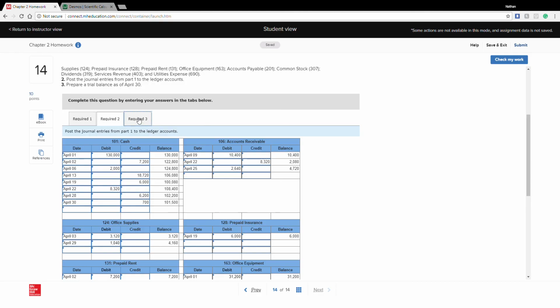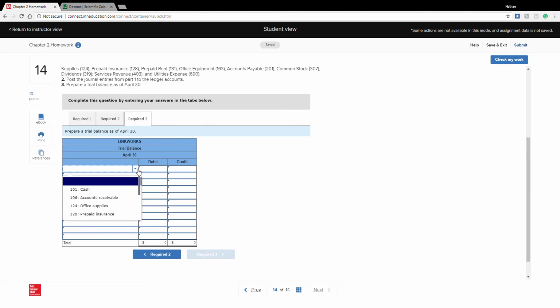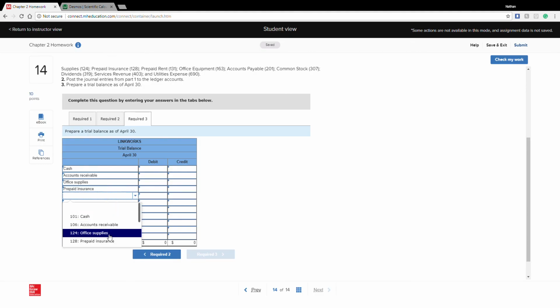So, again, first account is cash. And you can mostly go down just by this list too, if you want to do it that way. So accounts receivable, office supplies, prepaid insurance, prepaid rent.